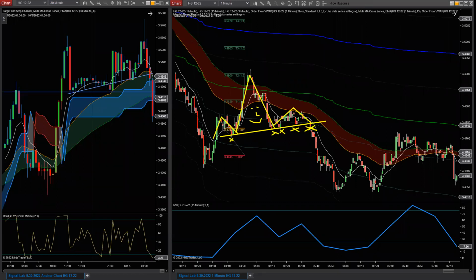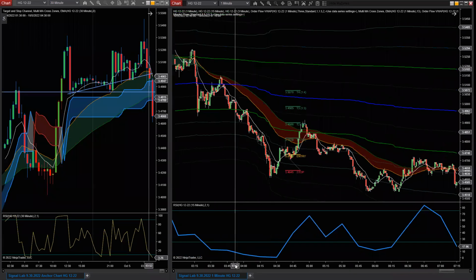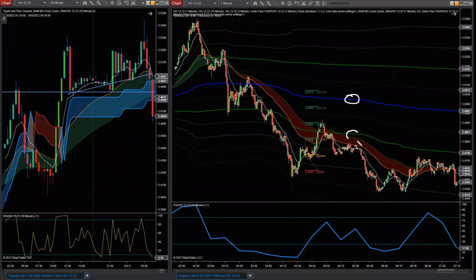Honestly, it's all about price and then lining yourself up with location. When I see that the trend is down, I'm looking to short here and around here, around the VWAP or the -1, or up here, of course, anywhere up in here.